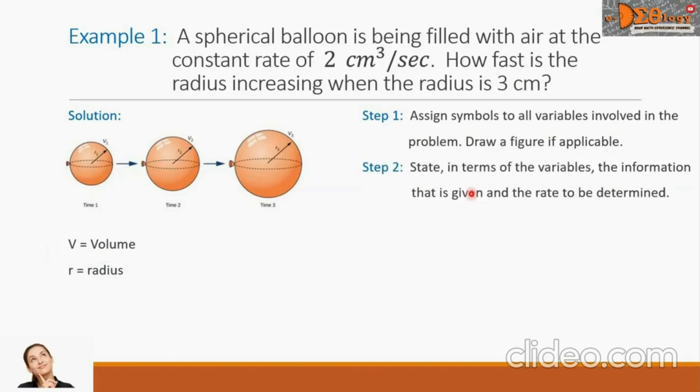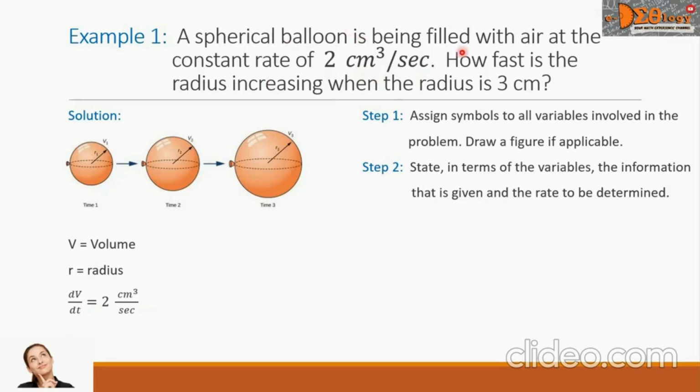Step 2. State, in terms of the variables, the information that is given and the rate to be determined. Analyzing our problem here, this 2 cubic centimeters per second is the rate of change of the volume with respect to time. So that is dV over dt equals 2 cubic centimeters per second.